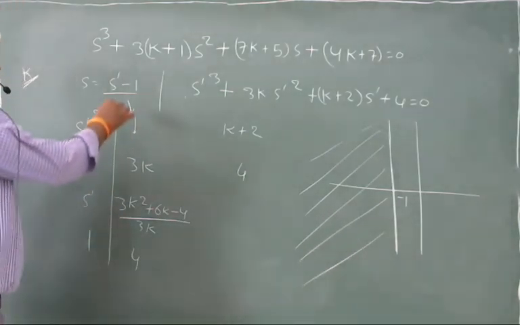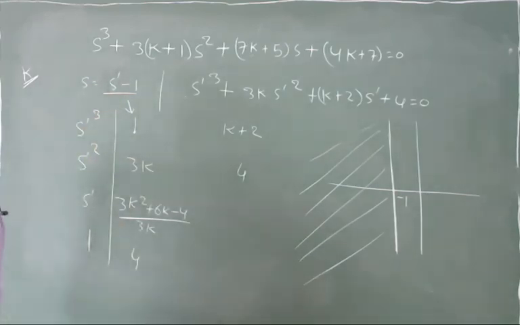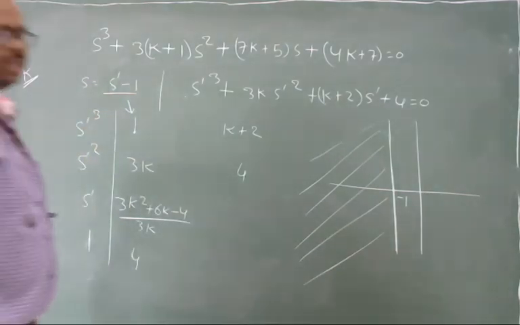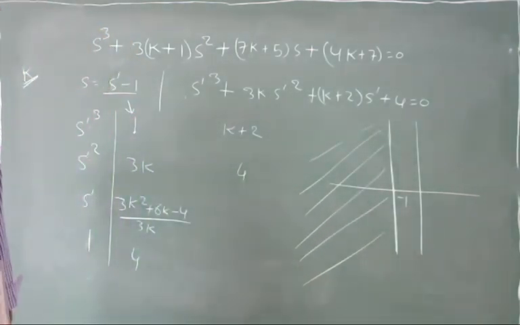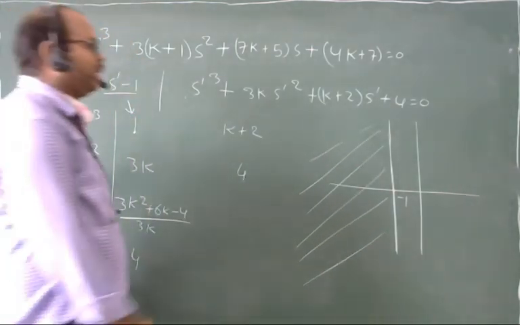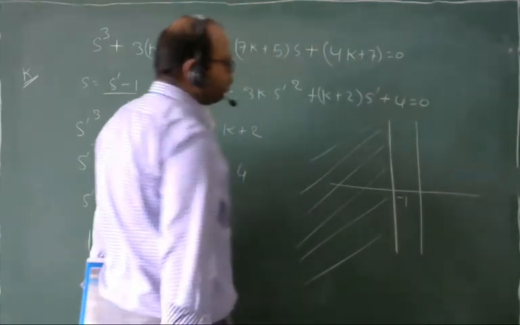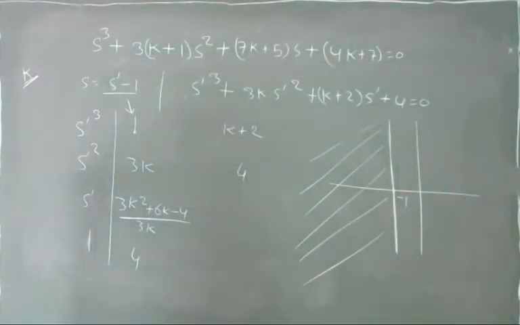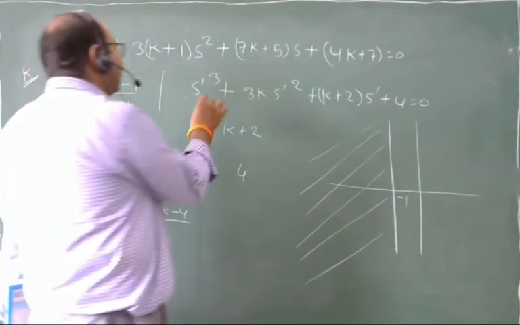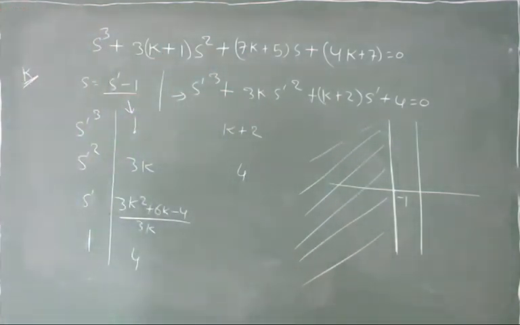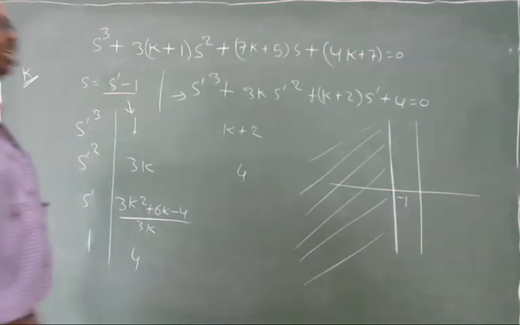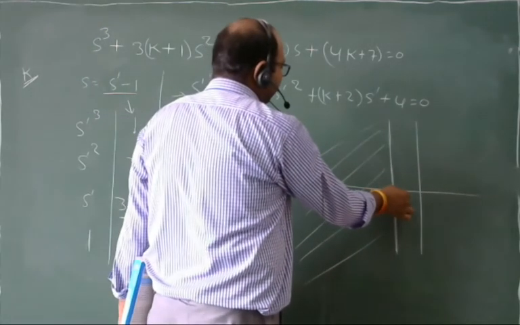If all the values are of the same sign, then all the roots of the original characteristic equation will lie in the left half of the line S is equal to minus 1. Why? Because we have changed the center and found the new equation, and the center of this equation is at minus 1.